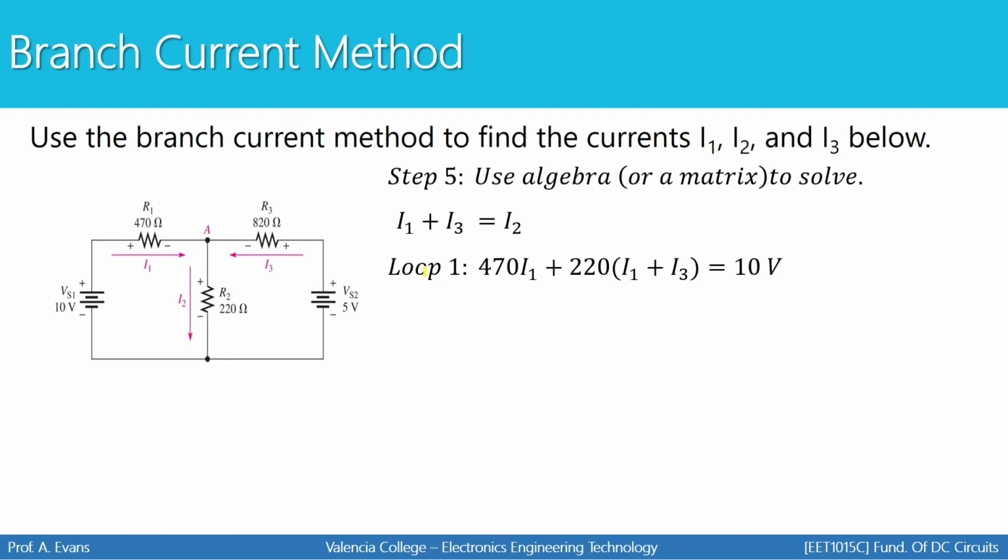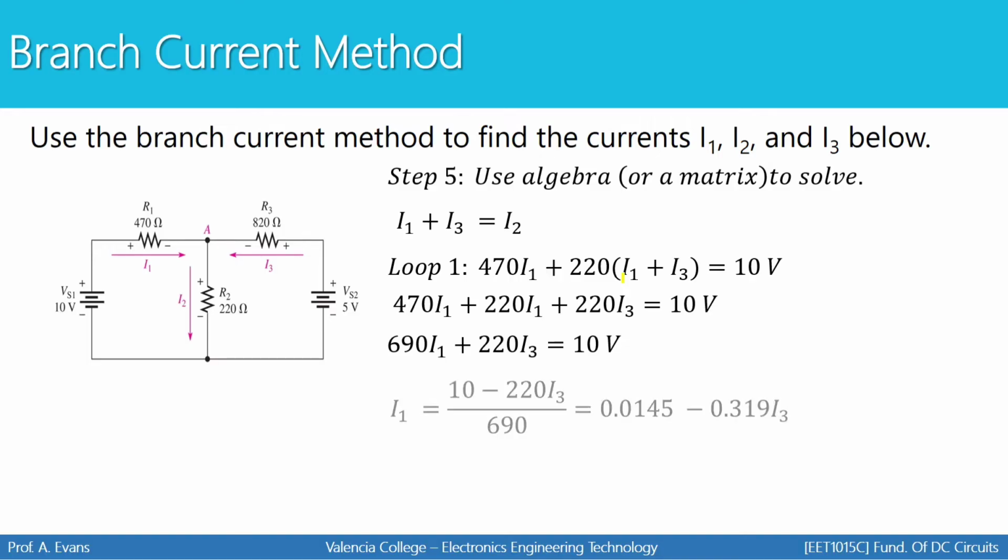I'm going to go back to loop 1, and I'm also going to plug that in for I2 right here. Distribute, simplify, solve for I1. Now I have two equations that will tell me the relationship between I1 and I3.